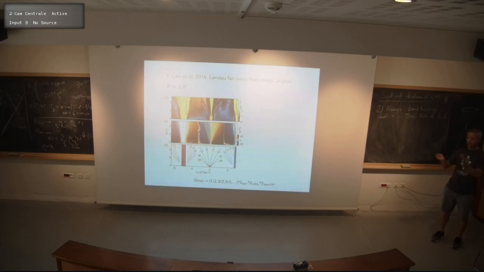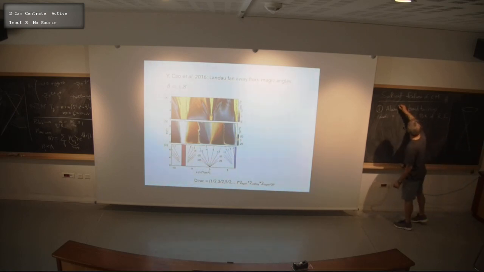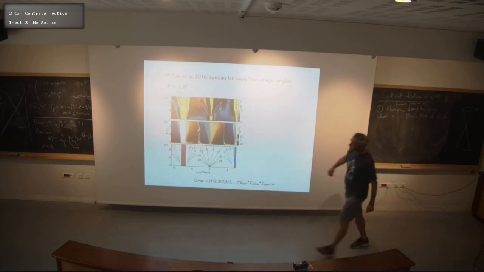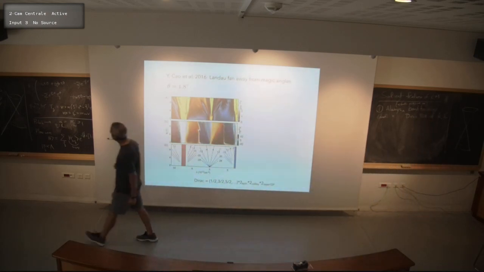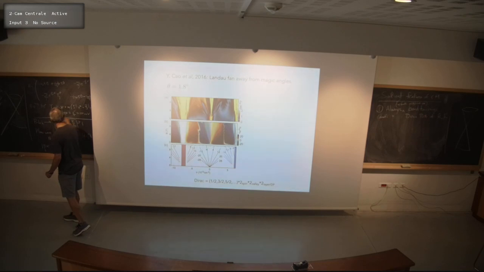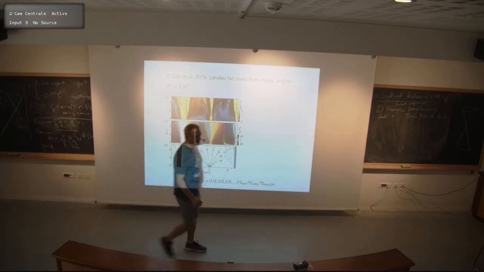So as you smoothly deform the model by changing the angle, always means as a function of theta, or alpha. I'm going to call this thing alpha. Alpha is this dimensionless parameter.